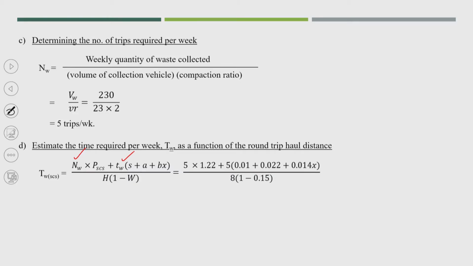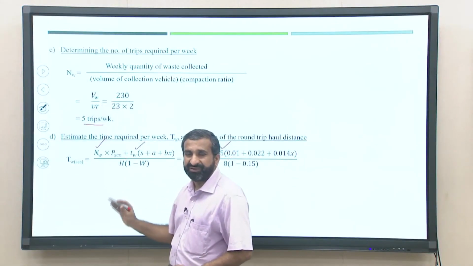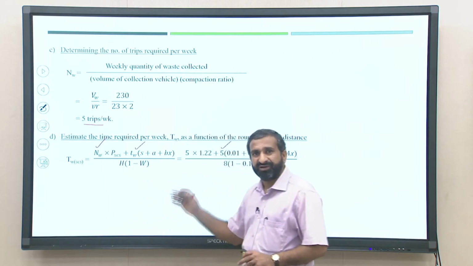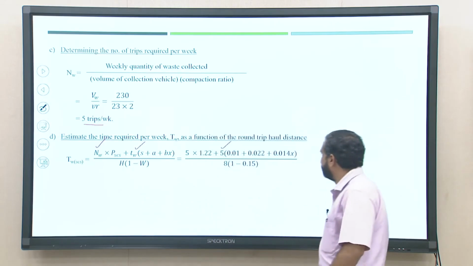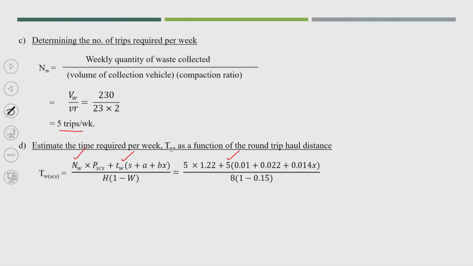So, here the NW is coming 5 trips, and we assume 5 is the round off value. If suppose this value comes to be 5.2, we will round off to 5. If it is coming 5.8, we will round off to 6. Once we put in all the data, we will get this equation: 0.92 plus 0.01 x days per week.